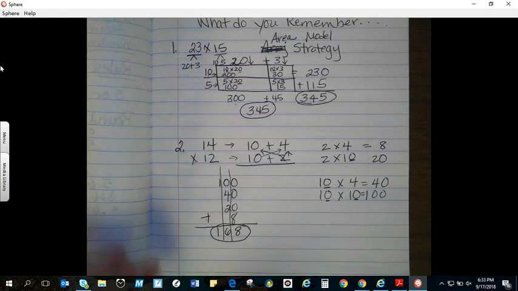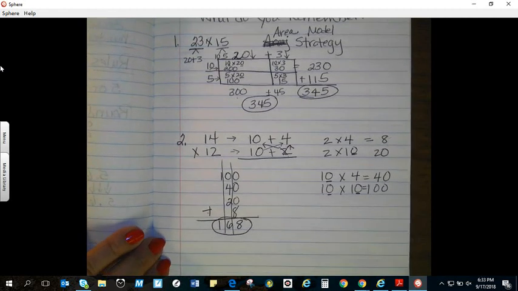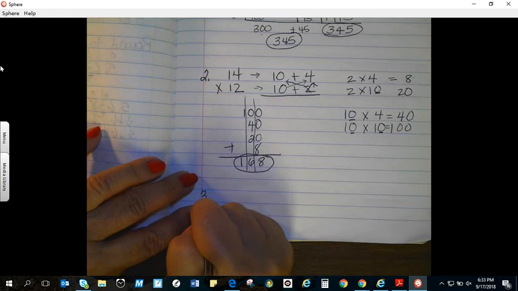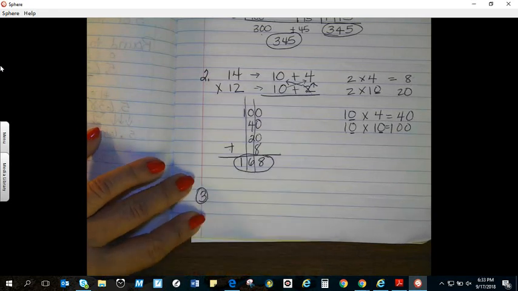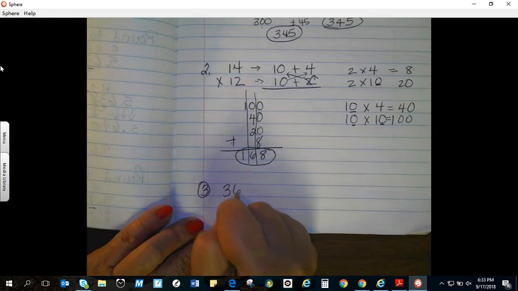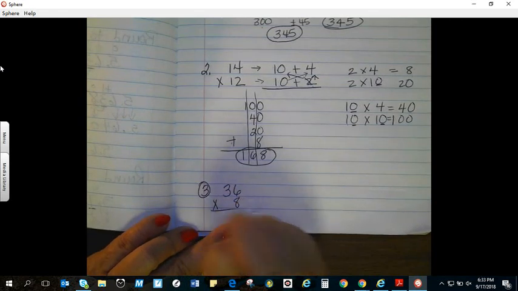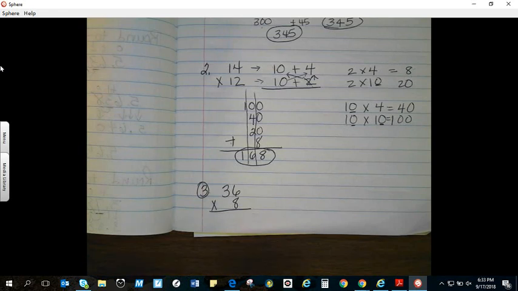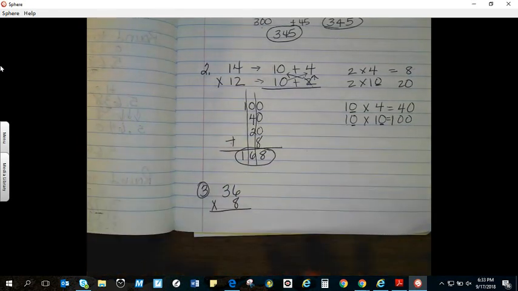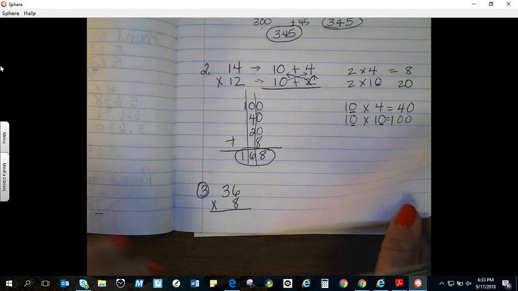And the next one, let's go to the third problem. Okay, 36 times 8. And as a matter of fact, let me do it on the other side because I like working my numbers down. As we're working, it makes it easier, especially with algebra. So I'm going to rewrite that, and it's 36 times 8.